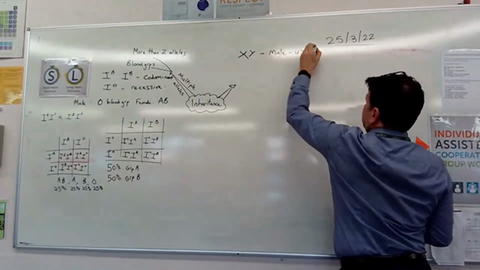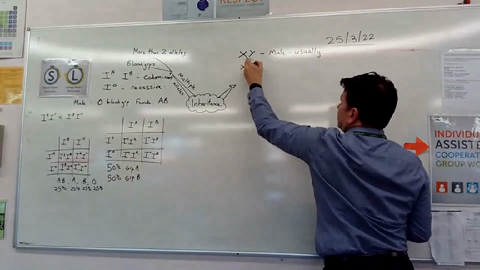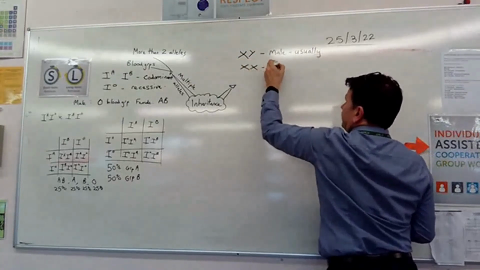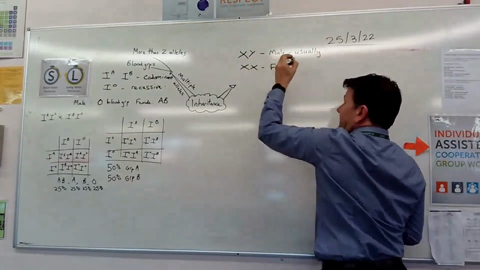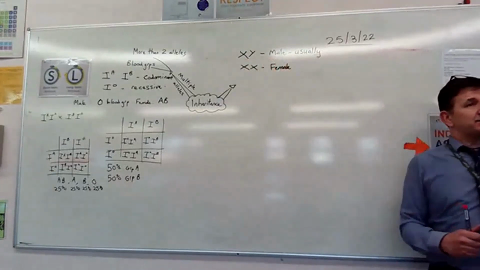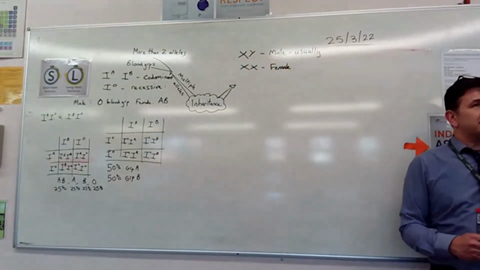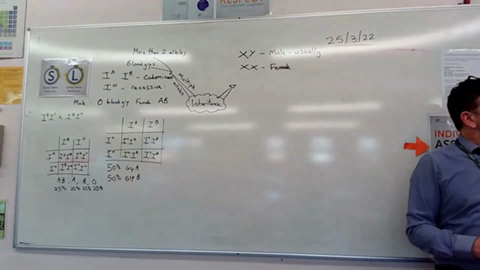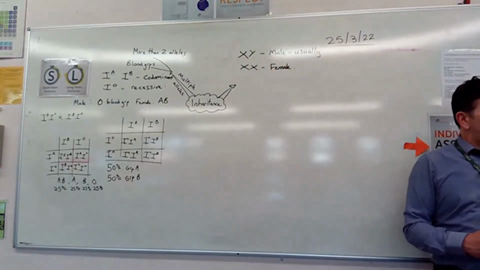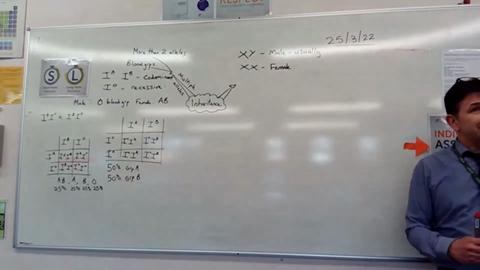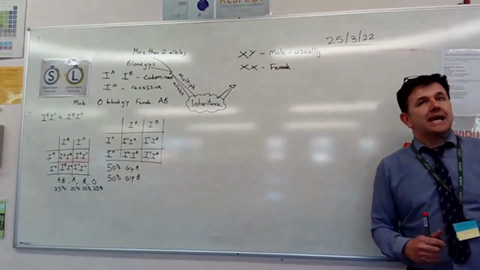But I'm going to tell you, and I think I shared with my class at the time, read the question really carefully. There was a question that had chickens where the male was XX. So if it says the male is XX, the male is XX.